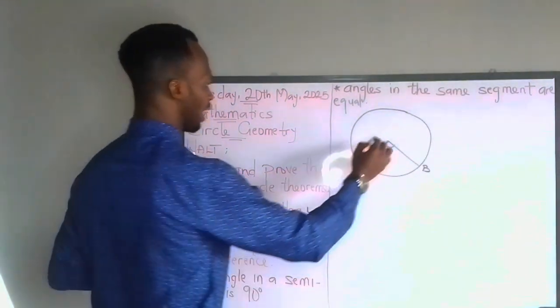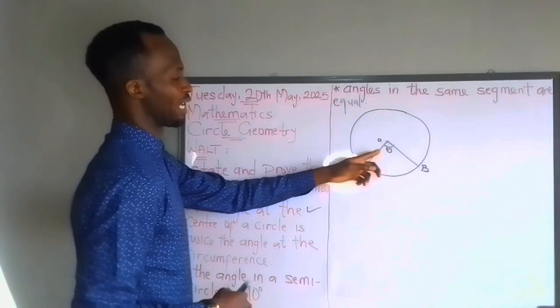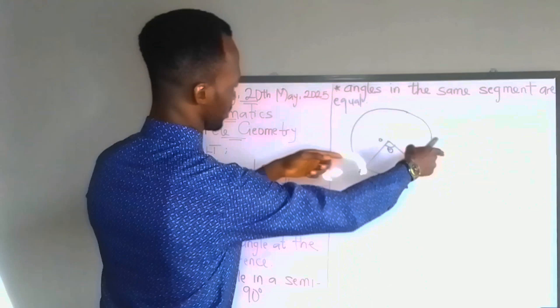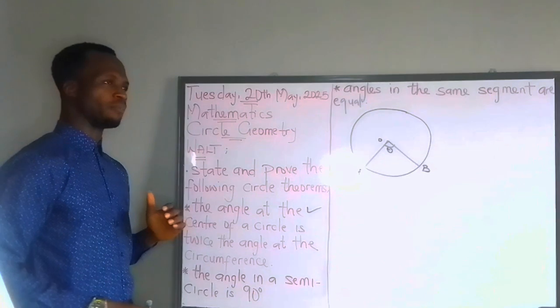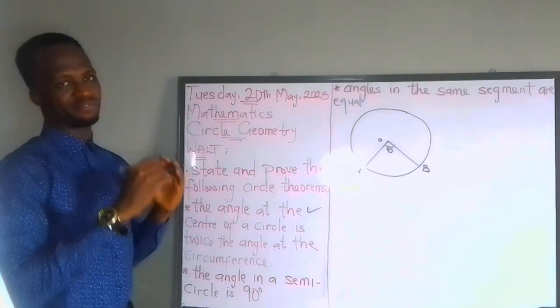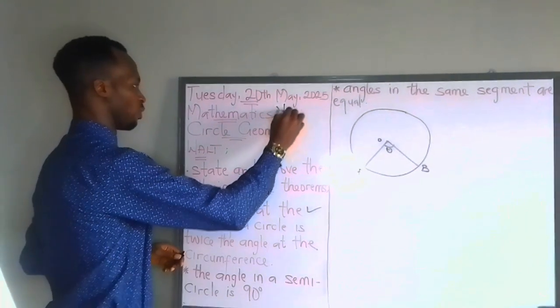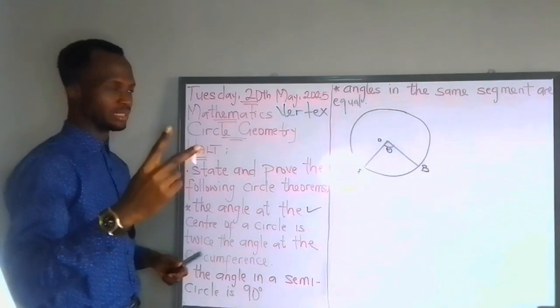So now let us see. AB is an arc and it subtends an angle at the center, which is theta. Now this is the remaining part of the circumference. Let me first say this, that angles are formed at the vertex. What is a vertex? A vertex simply is a point where two lines meet.